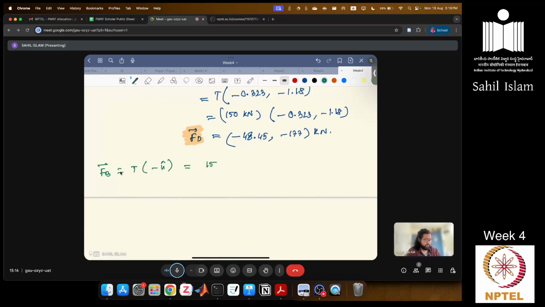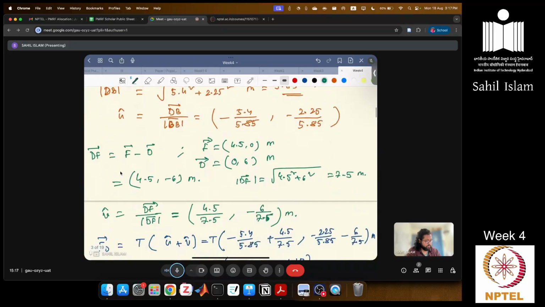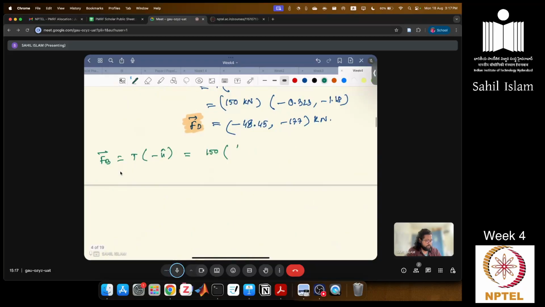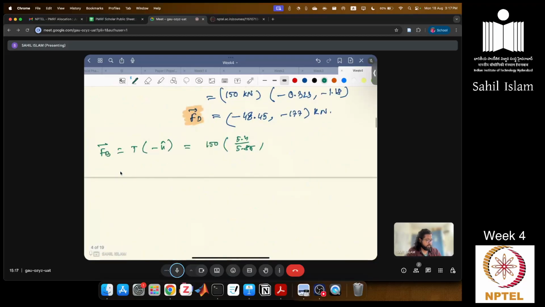So tension is 150 and U cap is 5.4 by 5.85 comma 2.25 by 5.85, F of B, again kilonewton. So if you multiply it, I'll do it from my notes, which becomes 57.7 kilonewton.